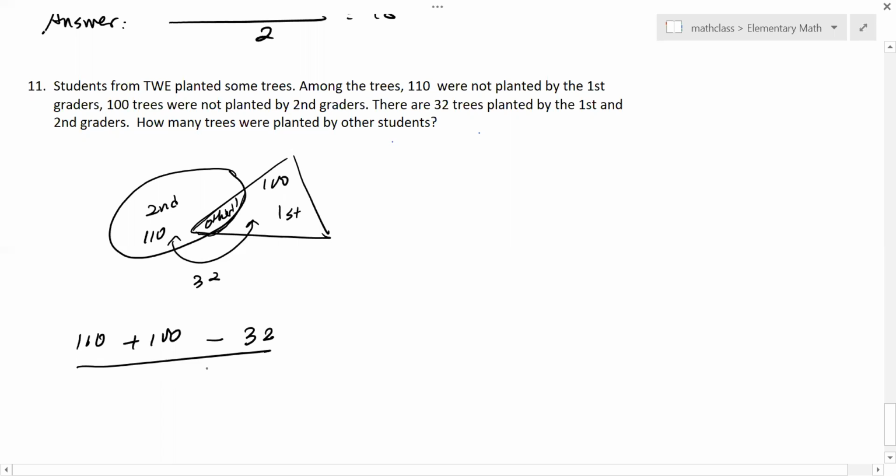So you have to divide by 2, and that gives the answer. 110 plus 100 minus 32, divided by 2, so 89 trees. That is the answer. So the class is over.